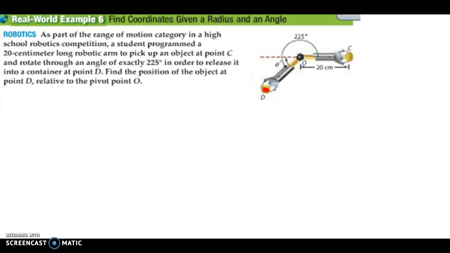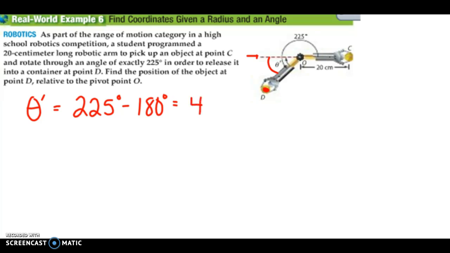So to figure that out, we first look at the reference angle, which is right here. Since the entire angle is 225 degrees, to find our reference angle, this is our point of reference right here, 180 degrees. So our reference angle theta is going to be 225 minus 180 degrees. Easy math says that that's 45 degrees. So my reference angle right here is 45 degrees.